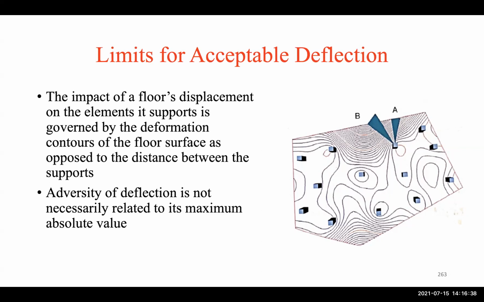We talked about that in part one. There's a table in the notes of part one that tells you what to use, L over what, for a PT floor. So you start from there, which sometimes helps eliminate even deflection problems, because things may work for flexure and shear but may not work for deflection.